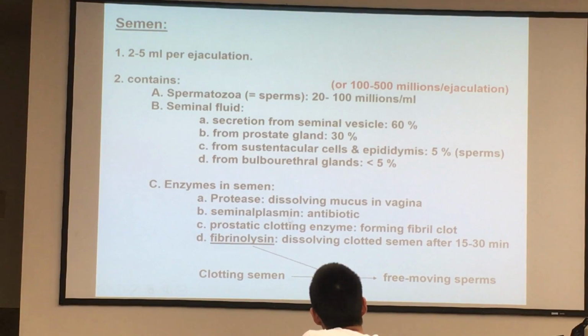Seminal plasmin is an antibiotic that can kill bacteria. They have a clotting enzyme, also secreted from the prostate, that can make the sperm coagulate. Fibrinolysin, lysin means dissolve. That means anti-clotting.